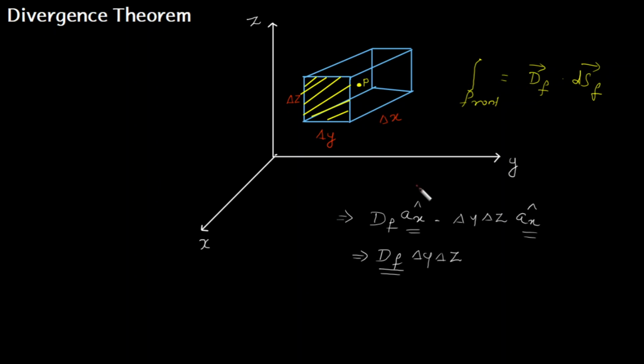The D vector at P in the x cap direction is Dx0, meaning the magnitude is Dx0. So the initial value when the flux just started diverging from point P was taken as Dx0. That's very clear, right? So in the x direction, the initial value of the D vector is Dx0. There is no vector quantity there, just a single initial value, Dx0.